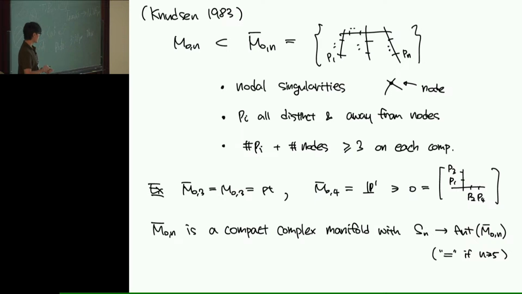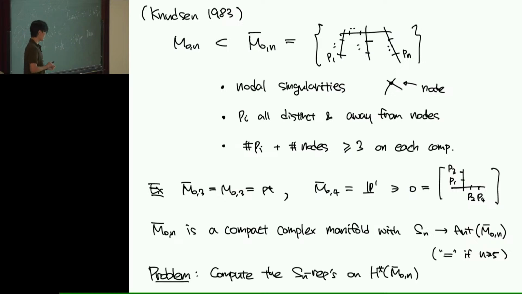So M0n bar is a compact manifold, with a natural Sn action on the space, which permutes the markings. Here our points are all ordered. So if you change the order of the markings, then we get a different class of curve. So there's a natural action. And actually this map is an isomorphism, which means the permutation of markings is the whole automorphism group of M0n bar when n is at least 5.